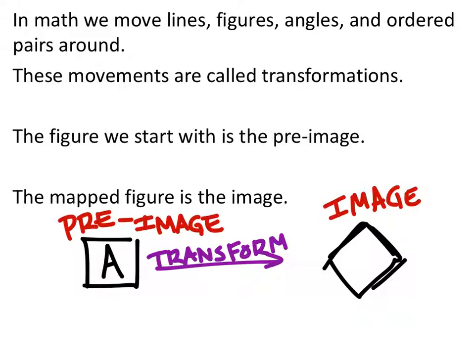Not only do we call it the image, but it would be the image of A. To show that it's the image, we give it a little mark right there. That is a prime mark. So this would read image A prime. Now again, even though this is a transformation, it's not Optimus Prime still. However, it did go through some kind of transformation. We got a preimage and an image.